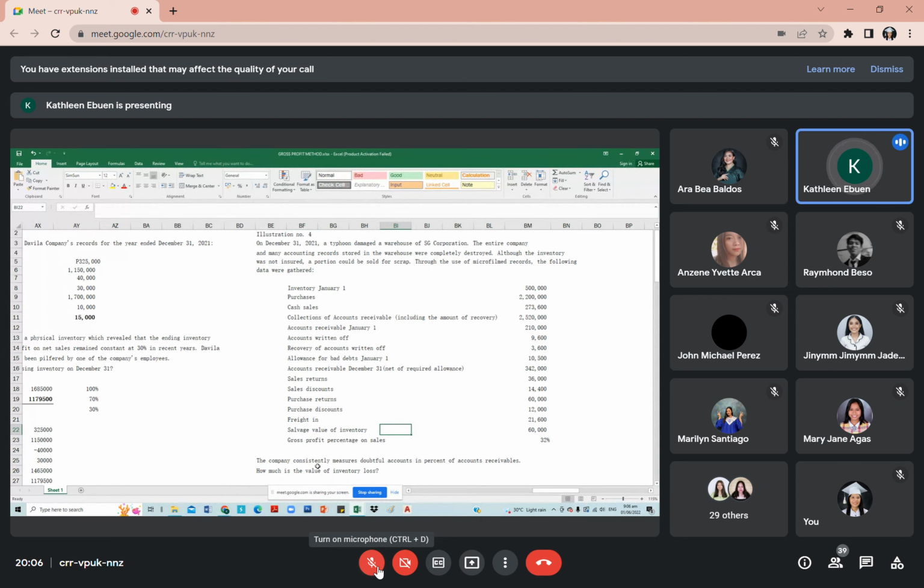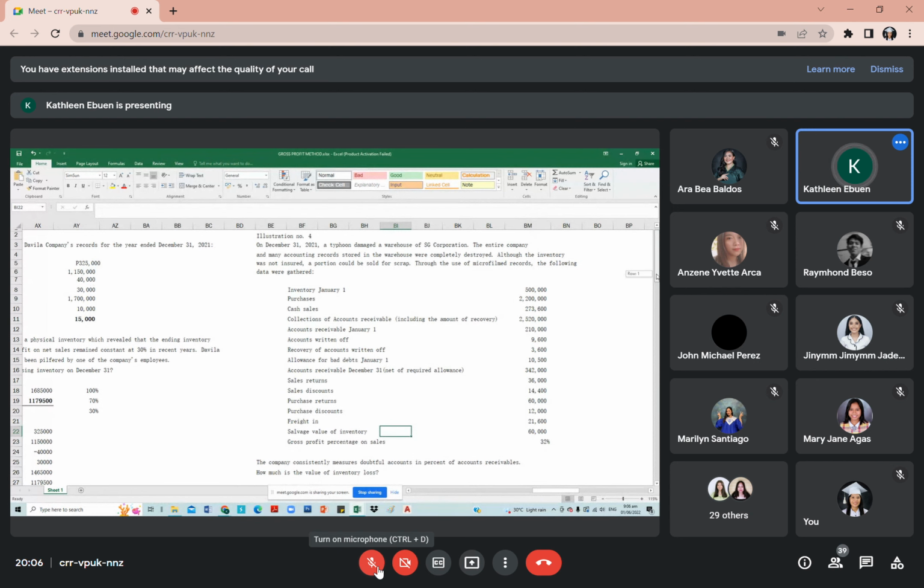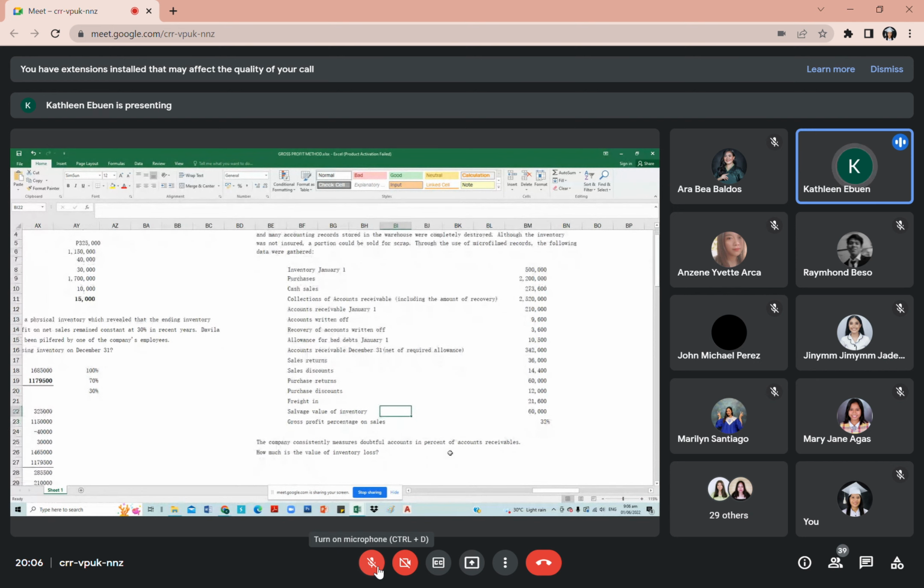So the company consistently measures doubtful accounts in percent of accounts receivable. So natatandaan niyo pa ba yung inyong AR and allowance for doubtful accounts? Okay. Ang ginamit daw is percentage of accounts receivable.